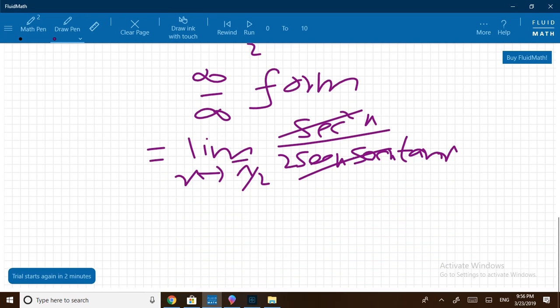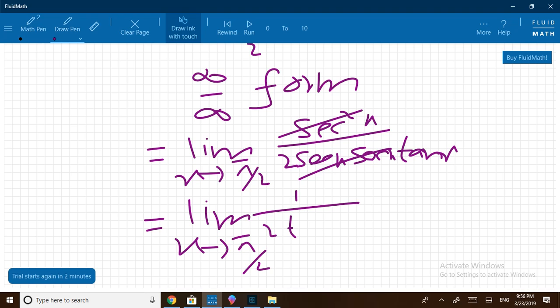This will be equal to the limit x approaches pi by 2 of 1 over 2 tan x, and tan x is again infinity, and when we apply the limit, we get 1 over infinity, which is equal to 0. And our left hand side was natural log of y.